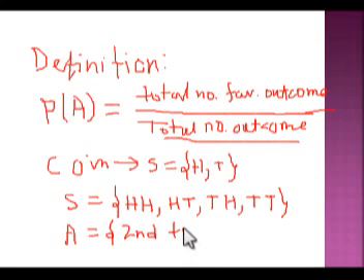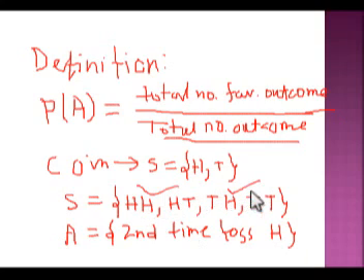The second toss must be head. You can look that not all the outcomes have the second toss head; just this one and this one have it. So there are two outcomes which we intend to bring out.